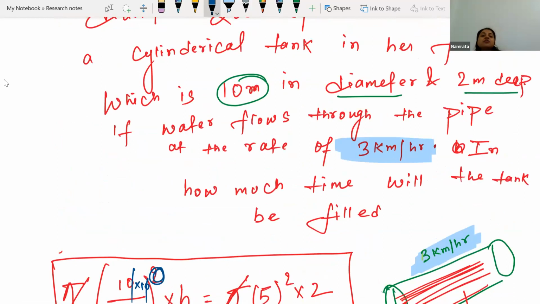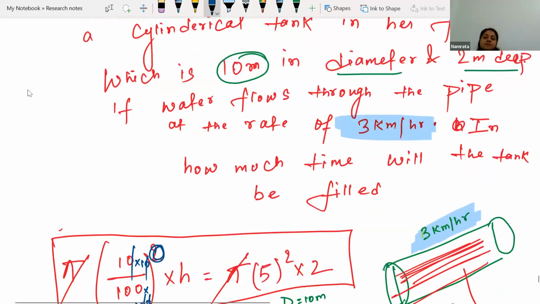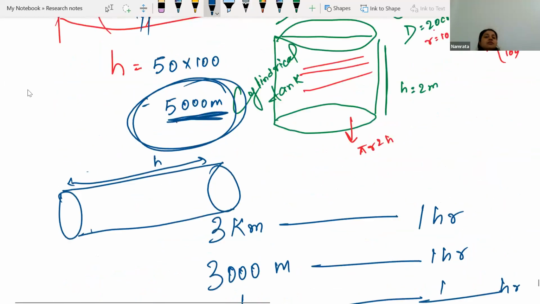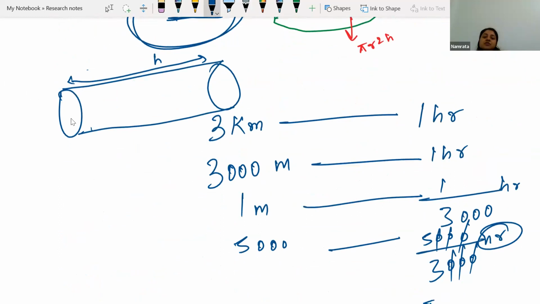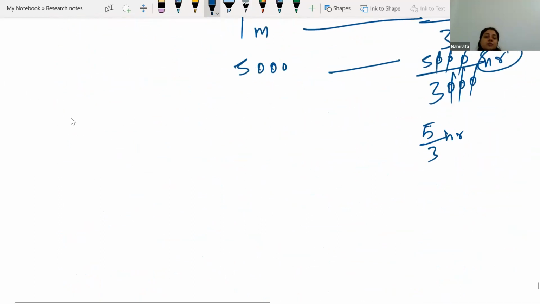We have to find it for 5000 meter, because that much total distance the water needs to go. How much time will the water take to flow 5000 meter? That's what we need to find. So 3 kilometer in 1 hour, then 5000 meter in what time? That's what we are finding. So we got 5 by 3 over here, that much hour.